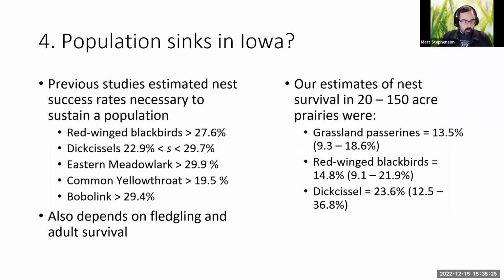So estimating whether or not a habitat patch is a population sink is a very involved endeavor. And this is why most studies don't do it. They just look at nest survival as we did. But two reference studies in particular were useful as comparisons for us. And they've established some benchmarks that say, okay, for this species, the nest survival should be about this high. Otherwise, the habitat is in danger of being a population sink.